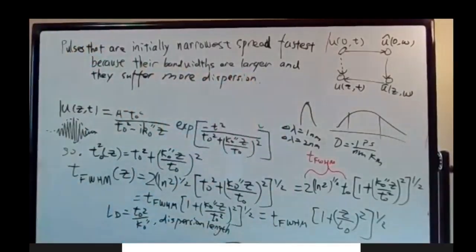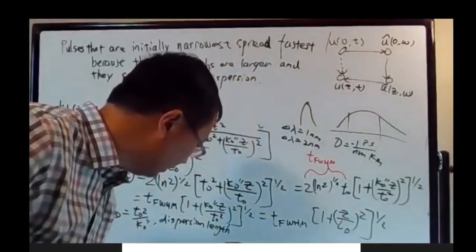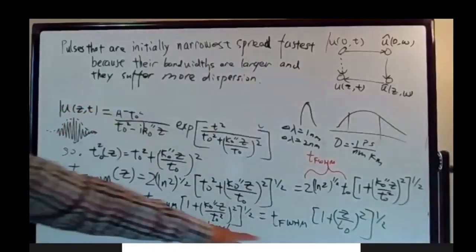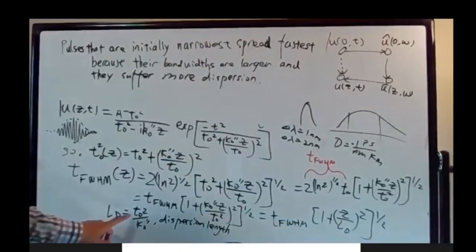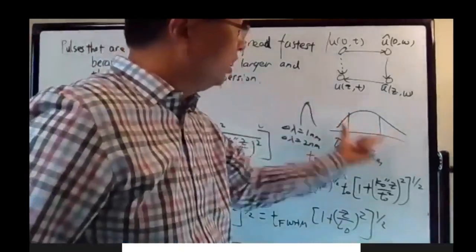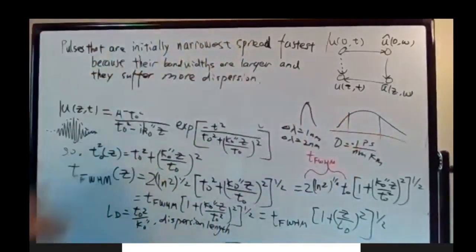So that's what our calculation tells us. Because once the initial T naught is narrow, the bandwidth is wide, so they suffer more from the dispersion effect.